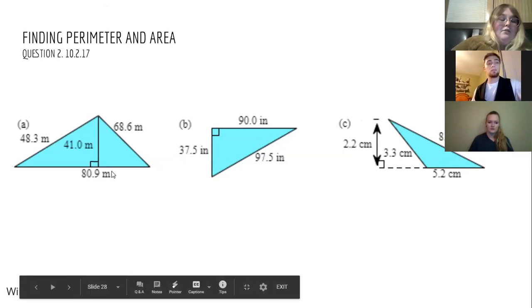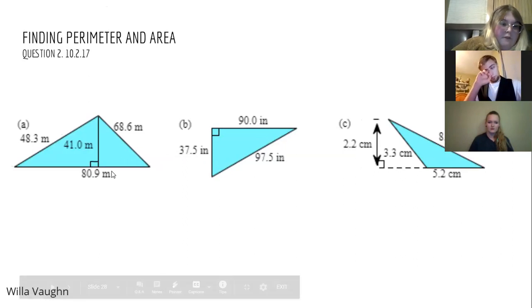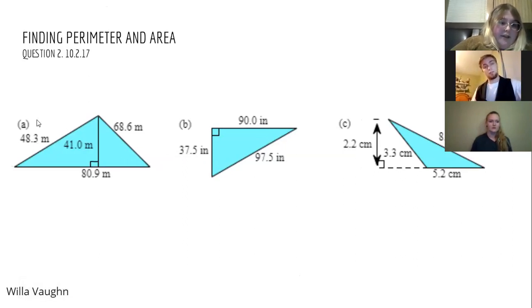So you're going to use 48.3 for this side, plus 68.6 for this side, and then plus 80.9 for this side, because you're not going to use the 41 because that's the space inside. You're going to use that for area. So if you add all those together, you're going to get 197.8 meters.